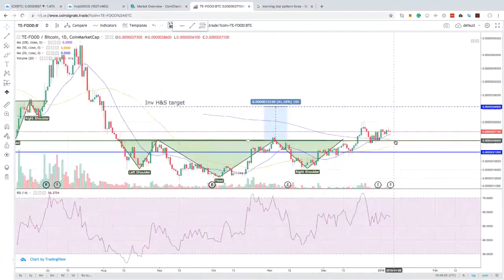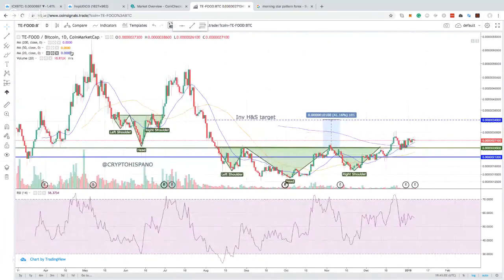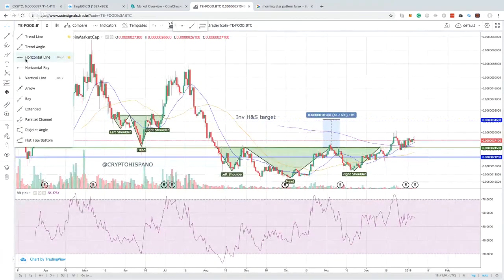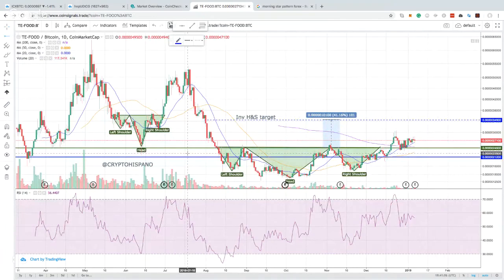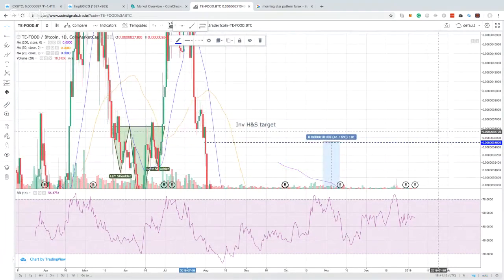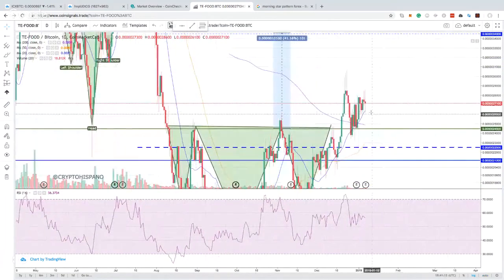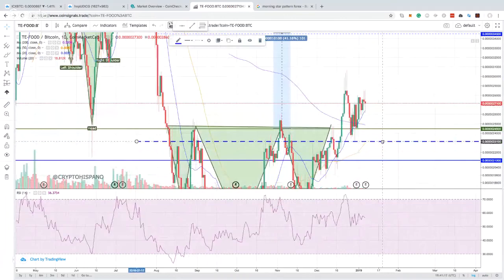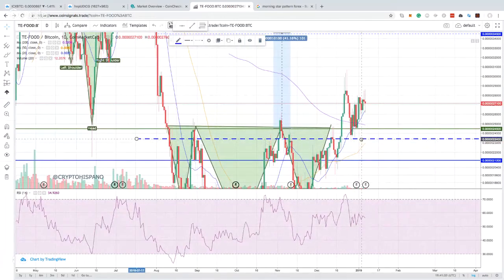If we lose this support, I'll sell some, because I'm not the guy that holds if I see that the price is going down. So here I would sell if we have a close below these candles here. And right now it's looking pretty good.